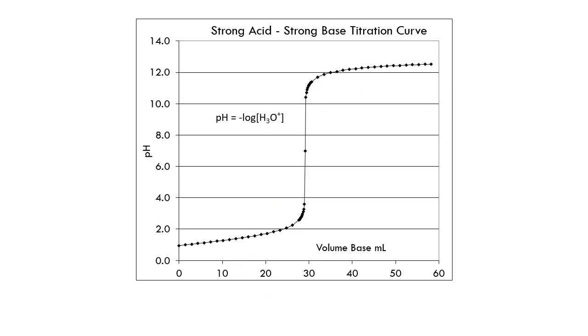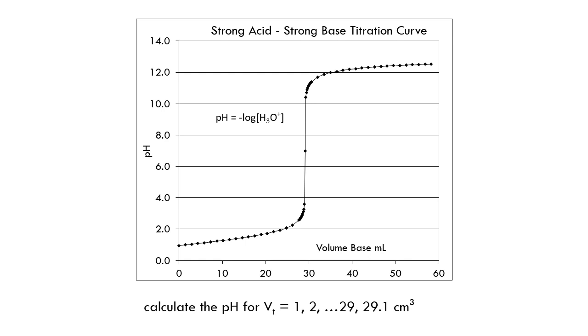All right, we're continuing on. When we are doing our titration curves in a lab and using a pH meter, we would typically find the pH at different volumes of titrant added.